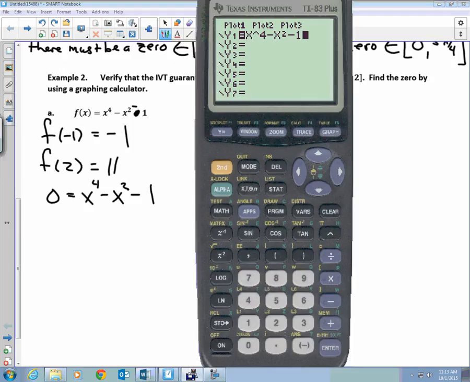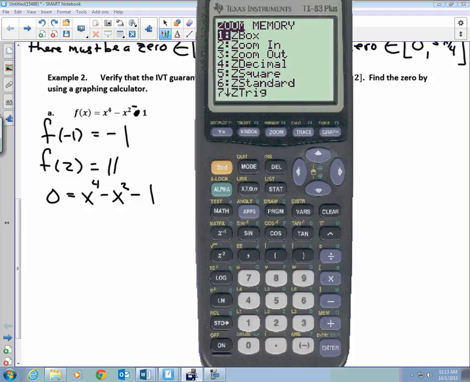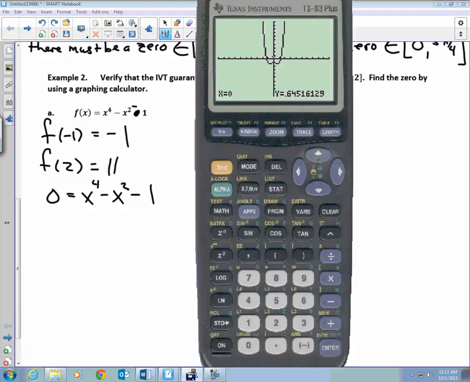So I look at the graph. Does this graph cross the x-axis? Am I looking for the first spot or the second spot? Why the second? Because that's between -1 and 2. If you want, you can zoom with a box, but I'm going to bring the x value over so that it's closer to -1, and then closer to 2.